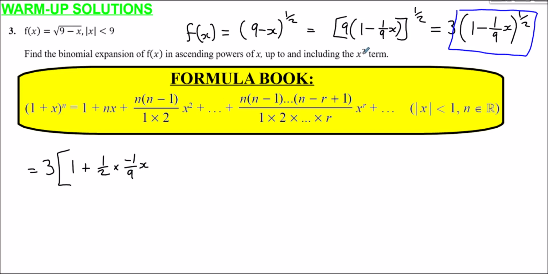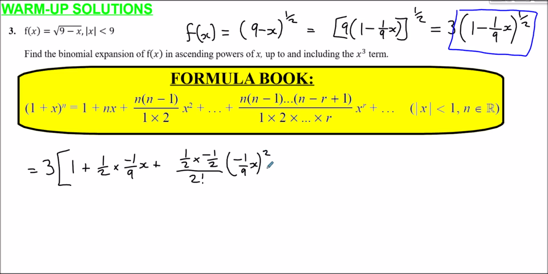We need to go up to the x cubed term. The next term is the power times the power minus 1, so a half times minus a half, all over 1 times 2, which I think of as 2 factorial, multiplied by our x thingy squared. Our x is minus 1/9 x, so we do that whole thing squared.